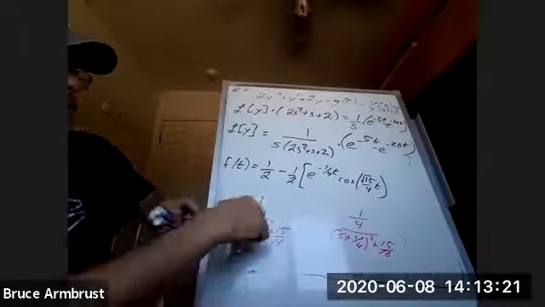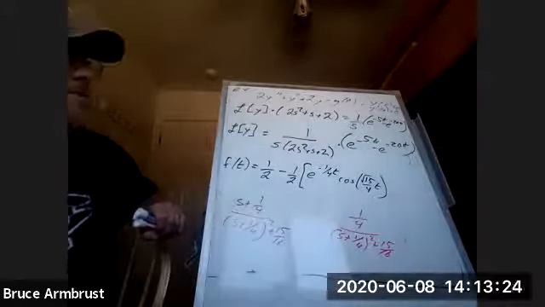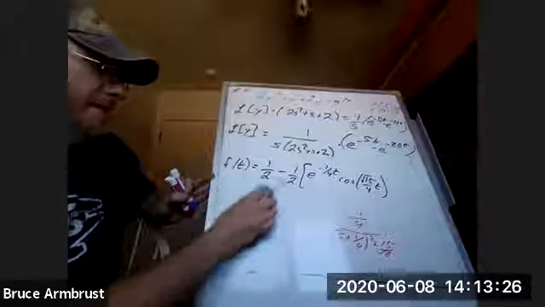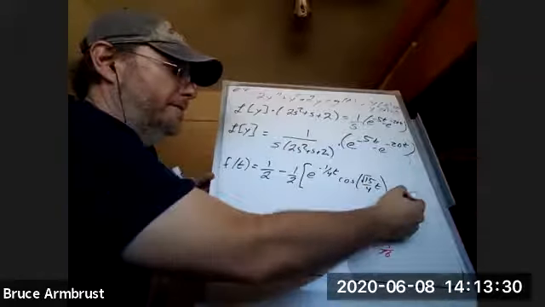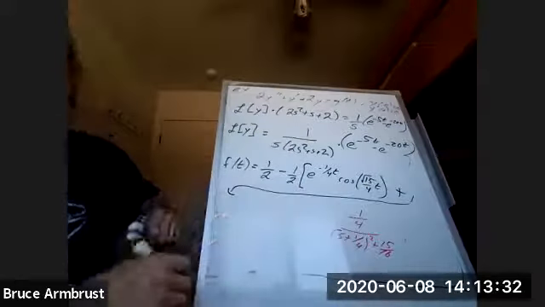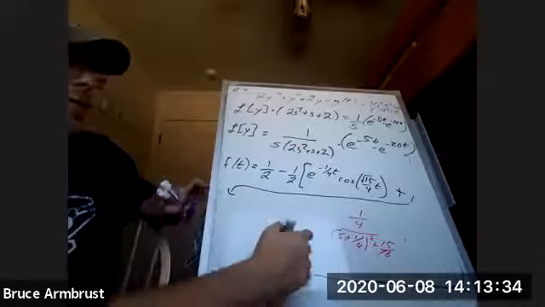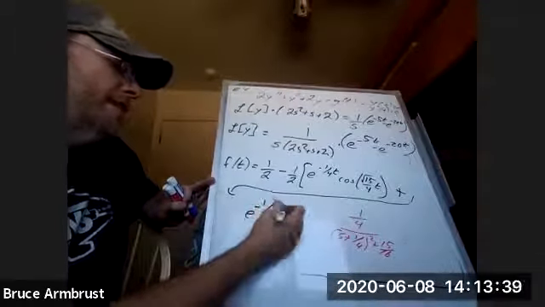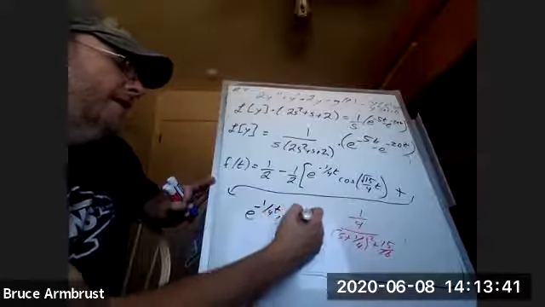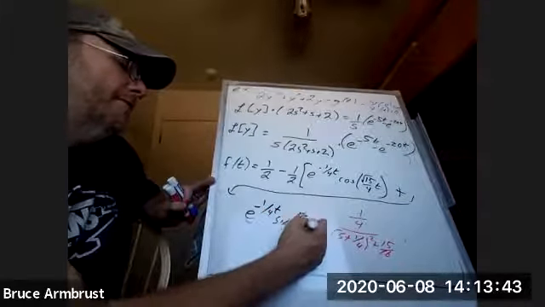So that was this piece. And then the other piece, plus, again, this is going to give us an e to the minus 1/4 t. There's going to be a sine of root 15 over 4 t.